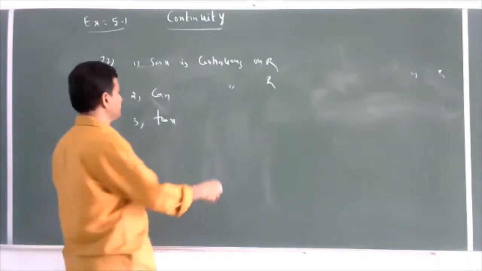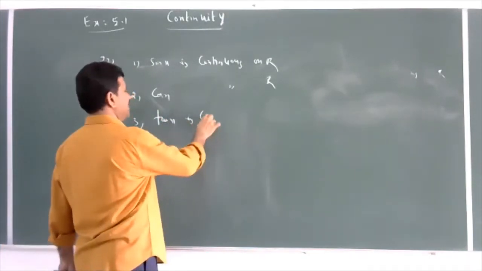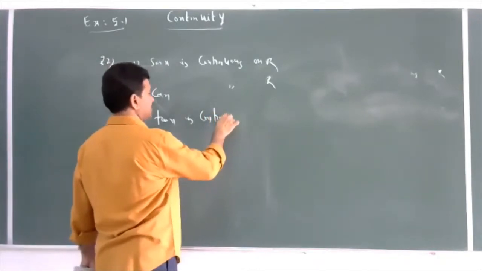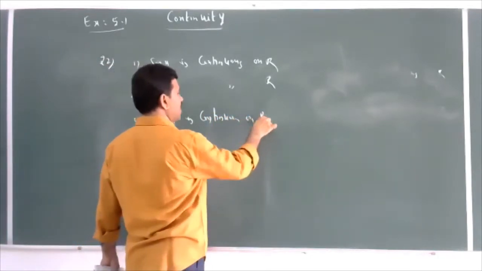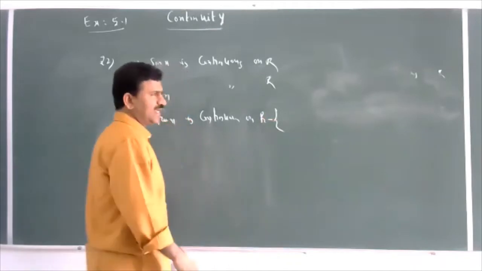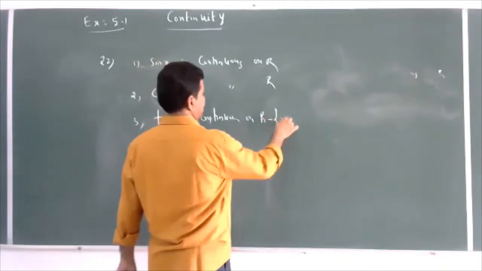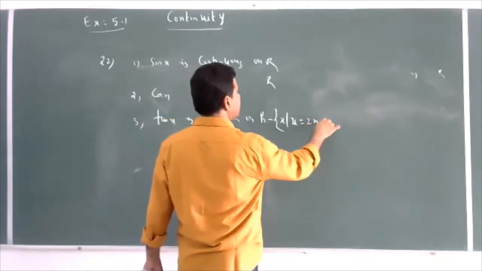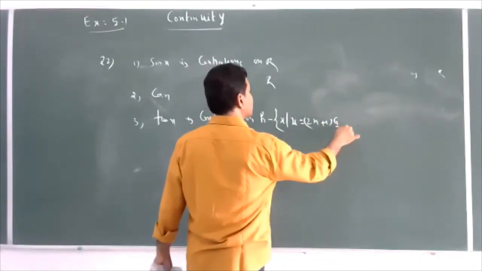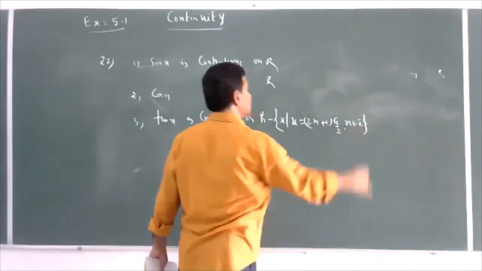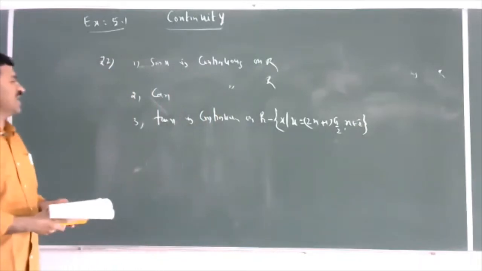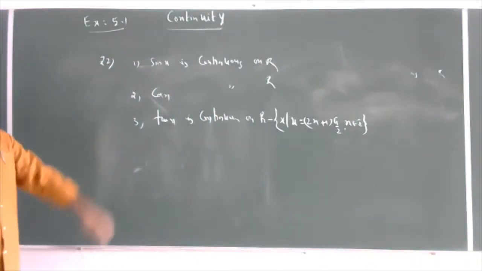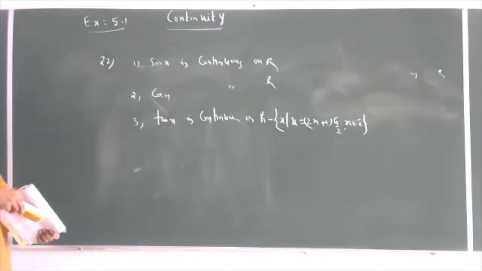R minus the set of x such that x is equal to odd multiples of pi by 2, where n belongs to I. Just write the domain of the tan x. Tan x is continuous on R minus of.